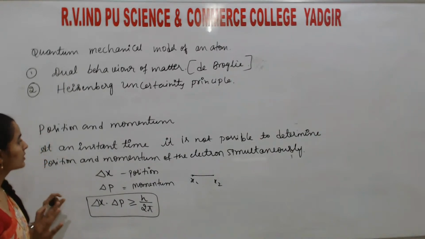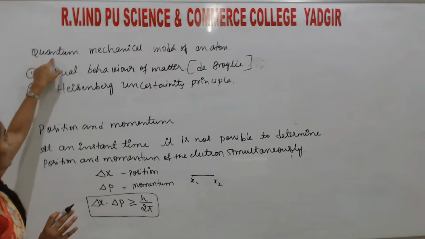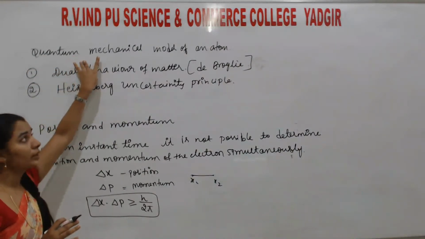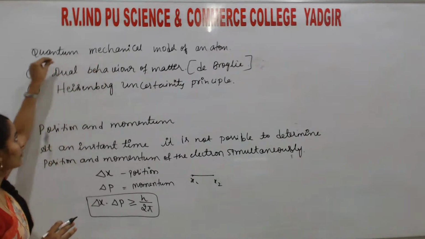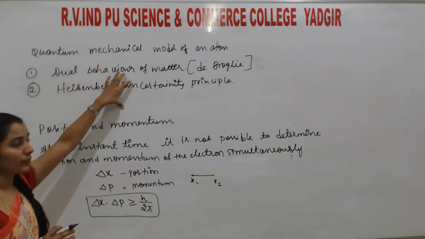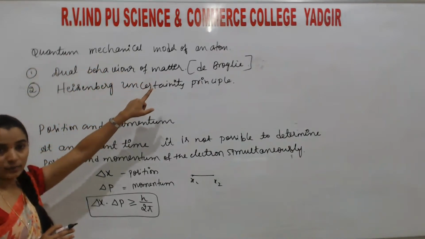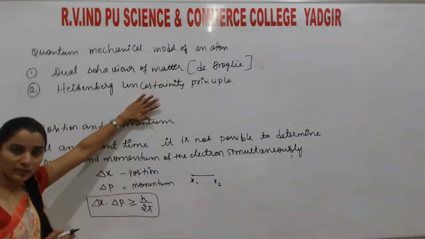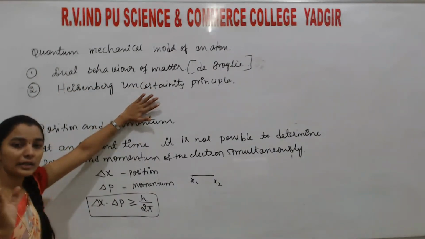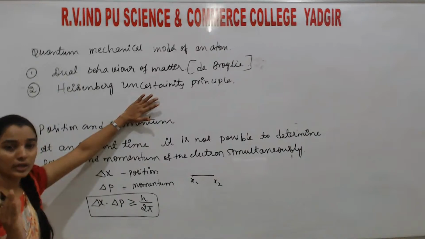Understood? So these are the two key points for the quantum mechanical model of an atom. First one is the real behavior of matter, which is explained by de Broglie, and he derived an expression called the de Broglie equation or matter wave equation.